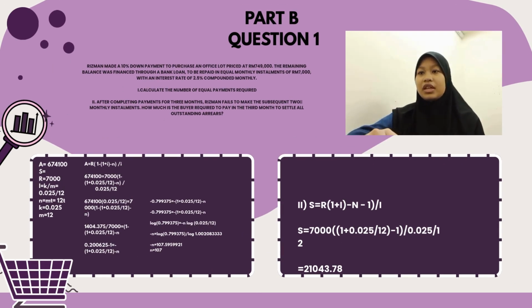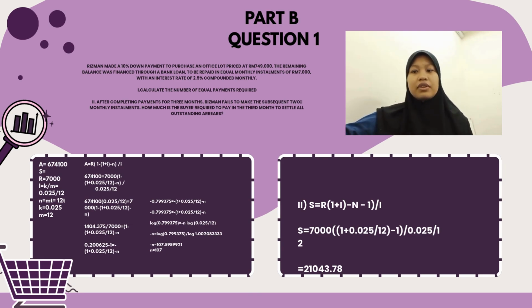So first, we identify the values for the annuity formula, which is A equal 674,100, which is the loan amount, R equal 700, which is the monthly payment, I equal interest per month, N equal number of monthly payments, and the interest rate per year, which is 2.5%, compounded monthly, so divide by 12, I equal 0.025 over 12.